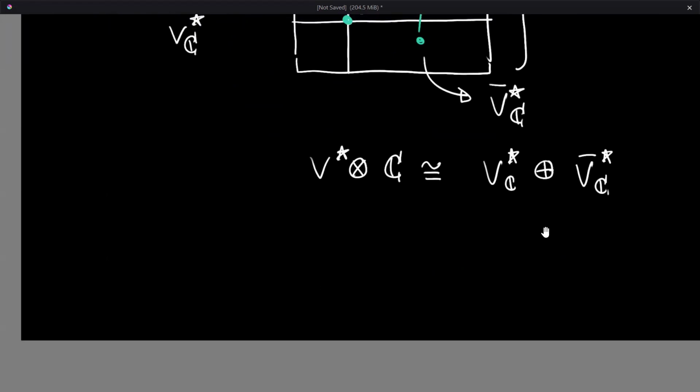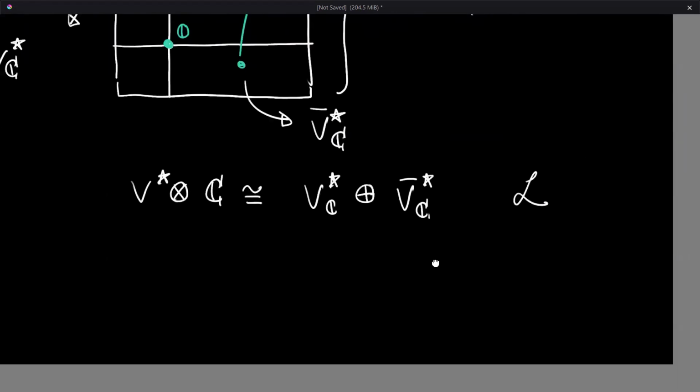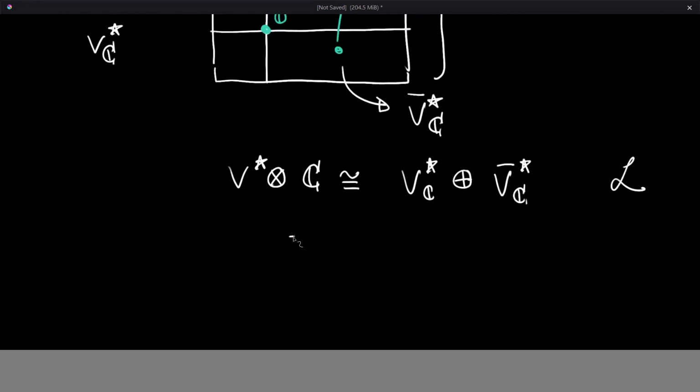In this basis L, we find that J star L is equal to, so okay, one caveat here, which is the order of the eigenvectors matters. Remember last time we were talking about the fact that the eigenbasis is unique up to a reshuffling of all of the basis vectors.